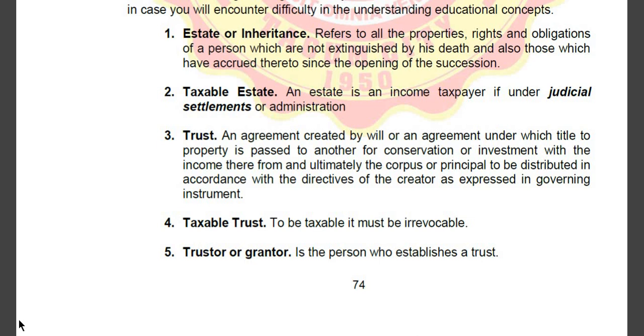So, a judicial settlement happens when, for instance, the deceased person was not able to write a last will and testament as to how his or her estate will be divided upon his death. In that case, the estate of such a deceased person will be administered or settled in the court.